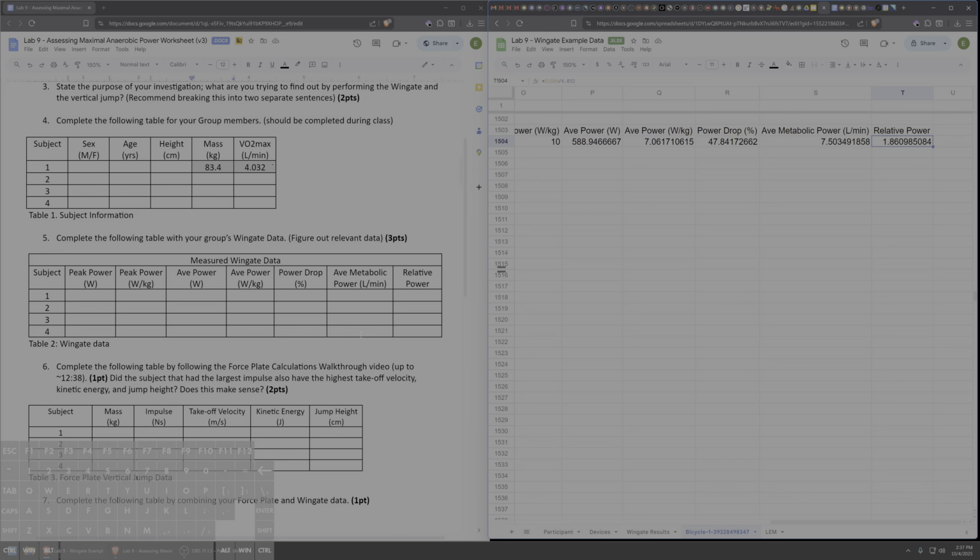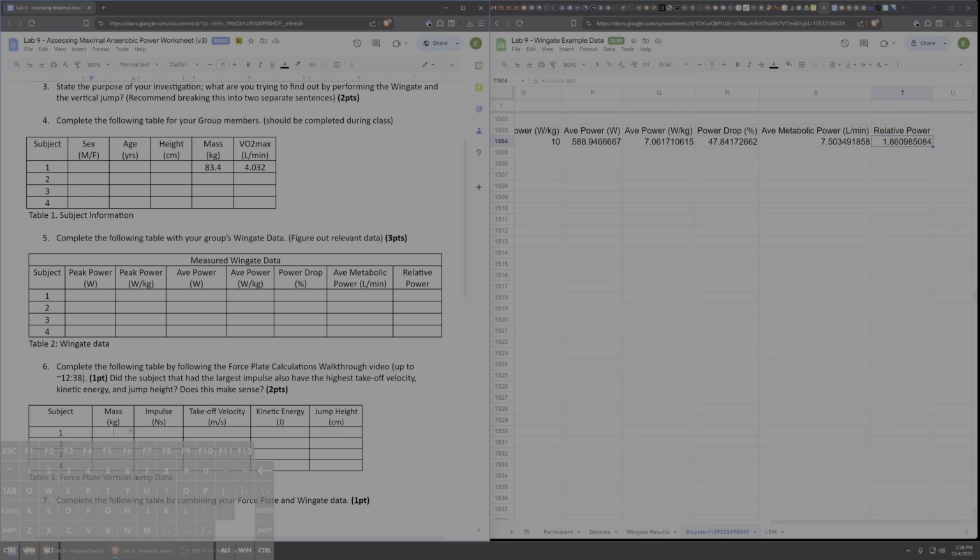All right, so one thing beforehand, if you are doing this before you do the force plate calculations, make sure you do not enter this mass that's here, or was used for the Wingate, into here in the force plate calculations. The reason being, for the force plate calculations, you'll actually calculate mass from what the force plate is measuring. It's very important we do that, because if you do it in a different way, then you can get some really wonky numbers.